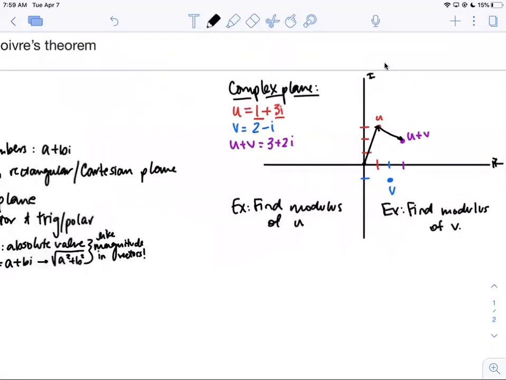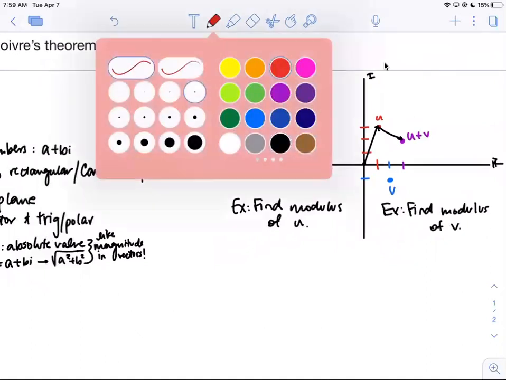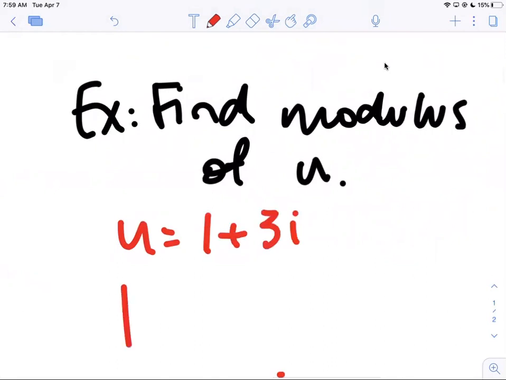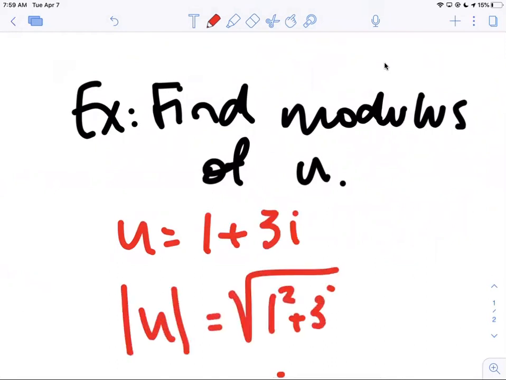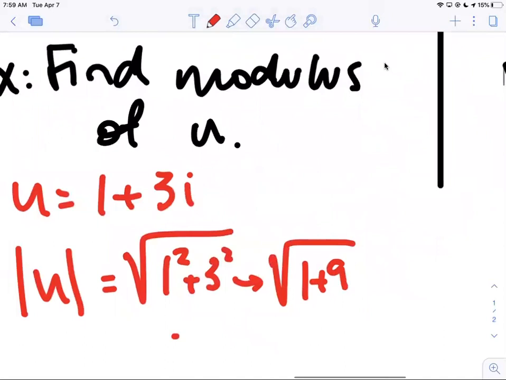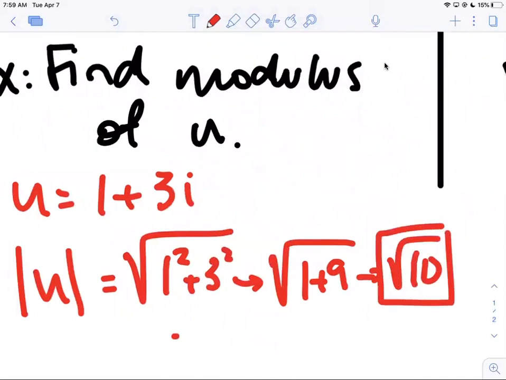I hope some of you are a step ahead of me and you're already finding it. So u was 1 plus 3i. So the modulus of u is radical 1 squared plus 3 squared. Well, we know 1 squared is 1, 3 squared is 9, so that becomes radical 10, and I cannot simplify that. That's as good as it gets.